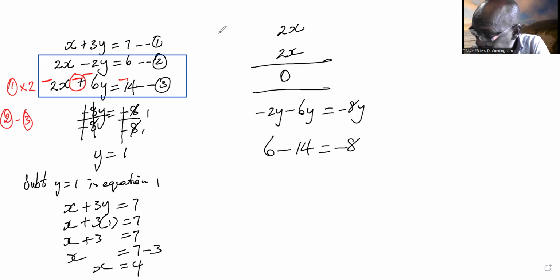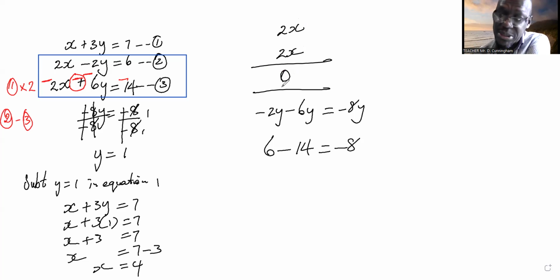It's like when you connect the equation, the negative signs. After I made the coefficients the same, you have to look at the values. You have 2x here and you have 2x here, right?